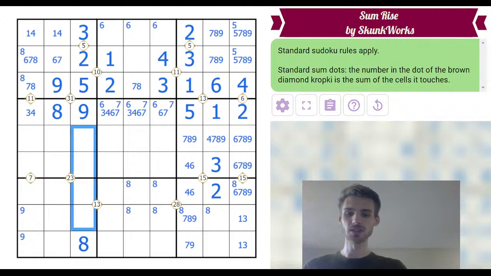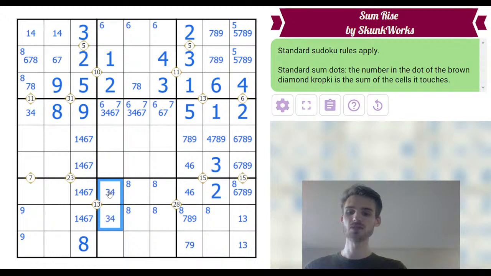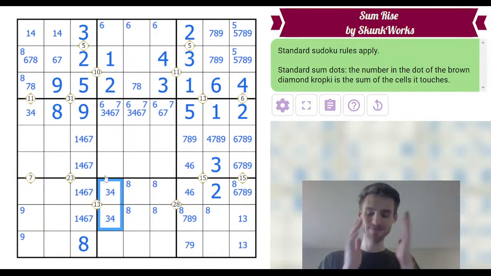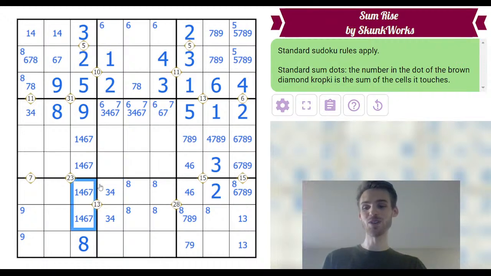Yeah, let's just fill in these. So these are 6, 7, 4, and 1. So what's the minimum here is 5, so the maximum here is 8. But you can't even use 1 and 2. So the minimum here is 3 and 4. So we have the minimum being 7, and the absolute maximum is 8, because these are minimum 1, 4.